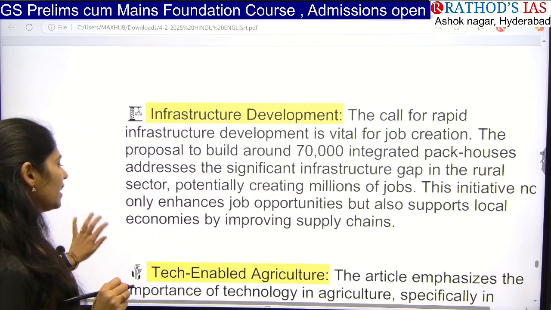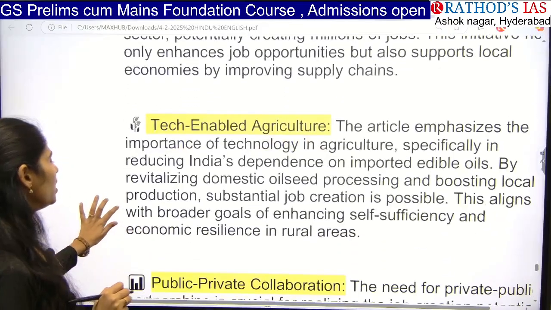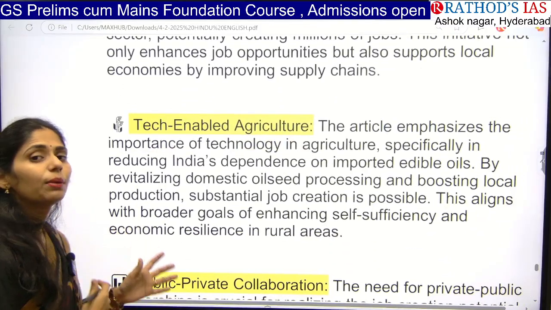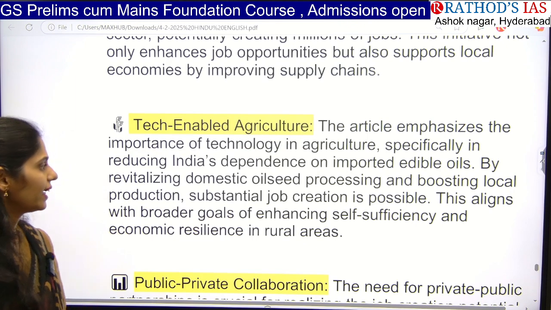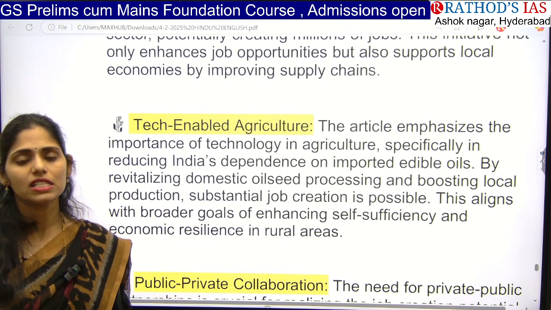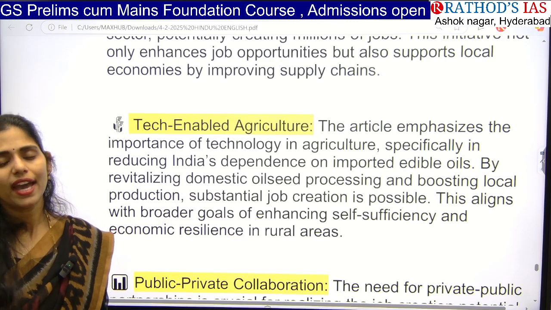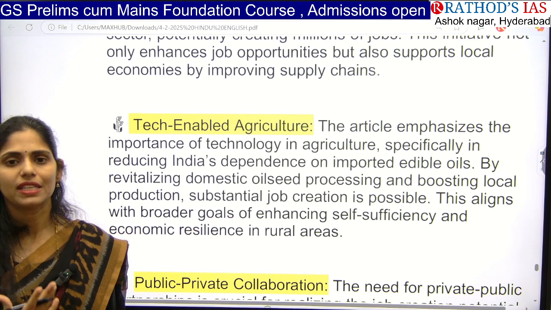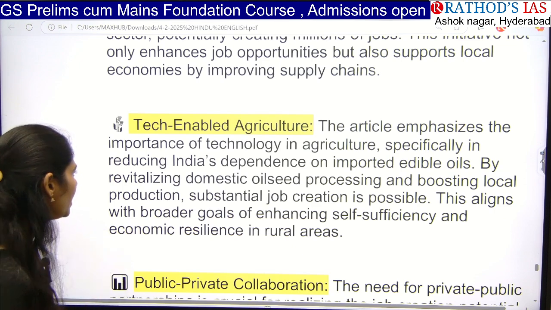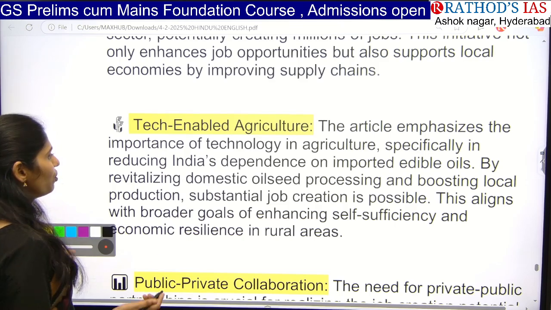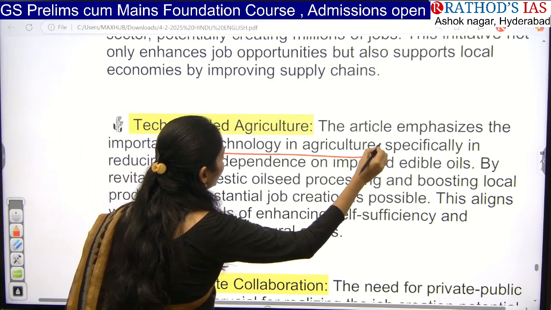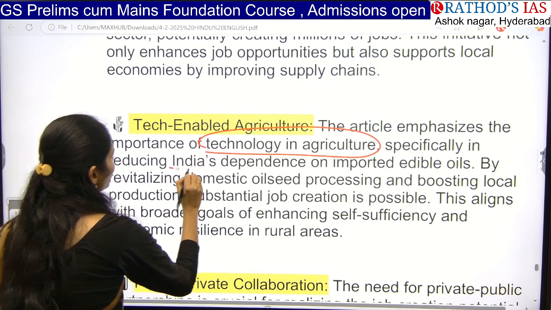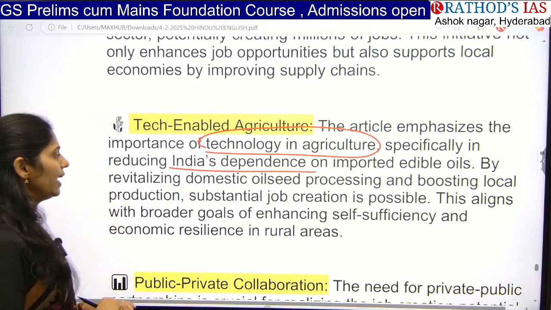And the next one is tech-enabled agriculture. Here we can also focus on improving technology in agriculture. For example, recently we had the Drone Didi scheme, where women are provided drones for spraying pesticides, etc. in agriculture. So we have to focus on increasing technology in agriculture so that we can also reduce our dependence on imported edible oils.